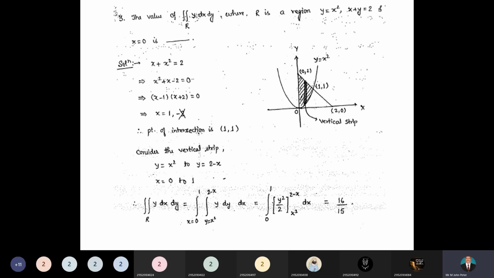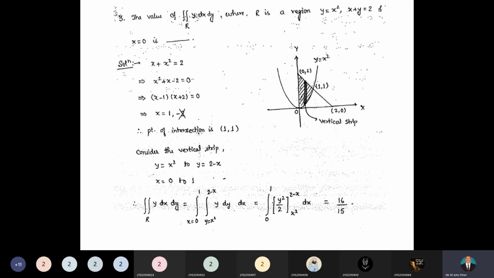That means a parabolic curve in the form x square equal to 4ay, a top open parabola. In the diagram, you can see that it is a top open parabola. Then x plus y equal to 2 is a straight line, but not a constant straight line. We can call it the intercept form of the straight line: x by 2 plus y by 2 equal to 1.